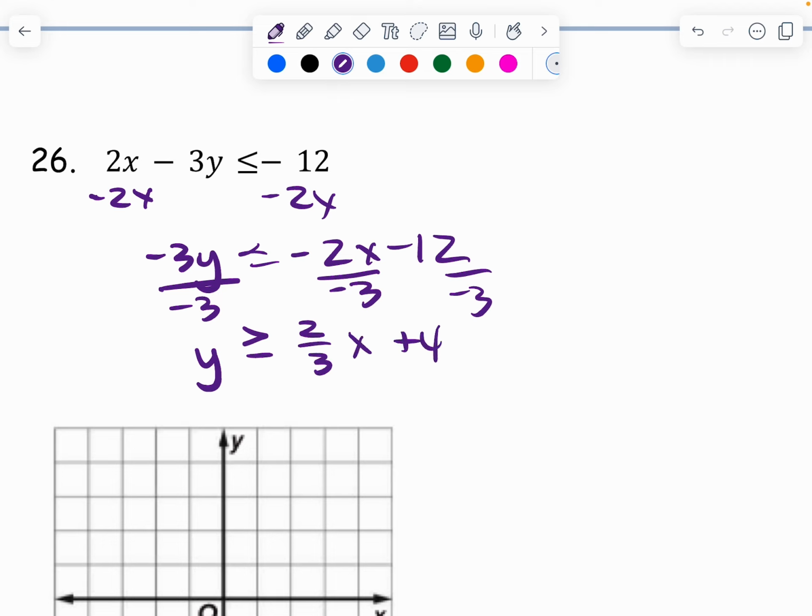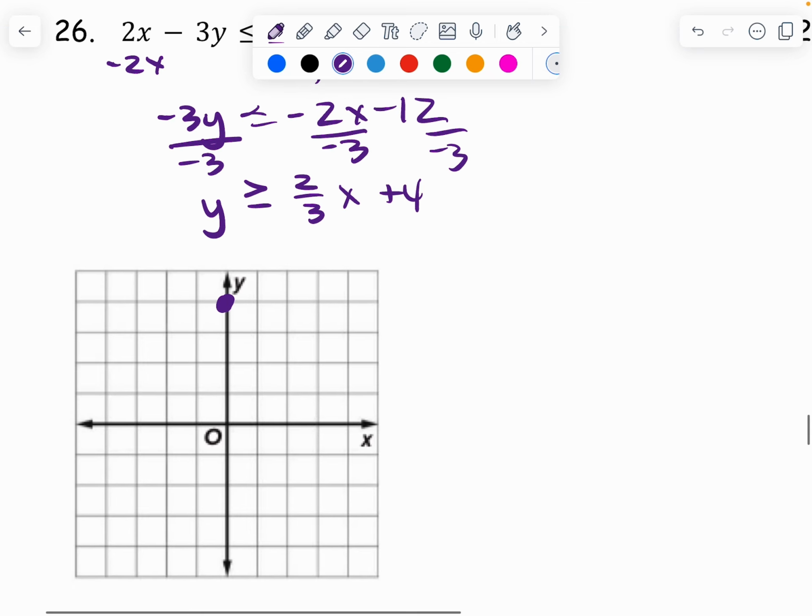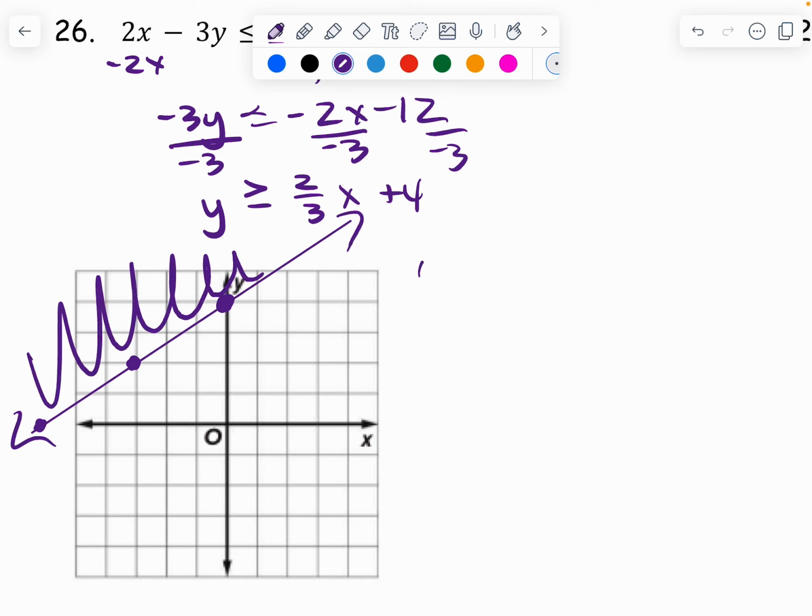So I go up to 4, down 2, go over 3, like so. And it says greater than, so it would be up here. If I plug in 0, 0, 0 is greater than or equal to 0 plus 4. That is a false statement.